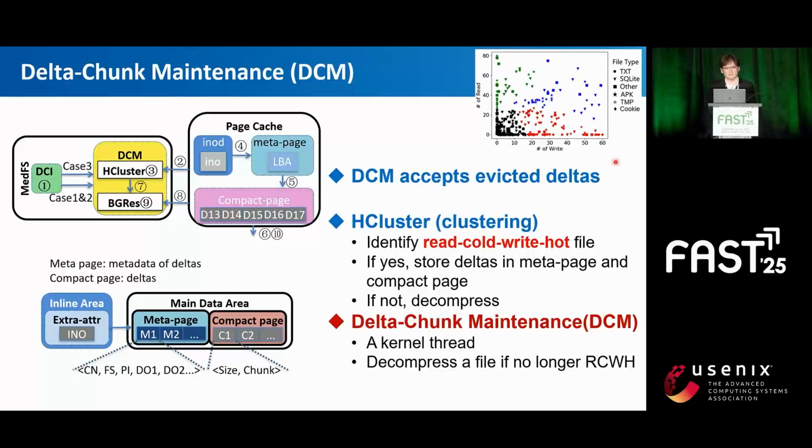So now let me briefly explain how DCM works. DCM accepts the evicted delta. Basically, DCM stores deltas in regular blocks, just as we store data in blocks. It uses meta pages, meta blocks, and compact blocks to store the evicted delta.